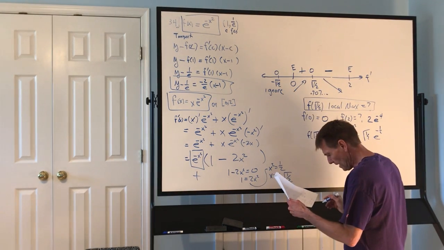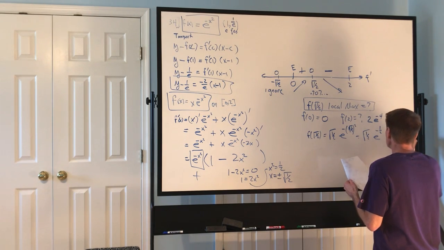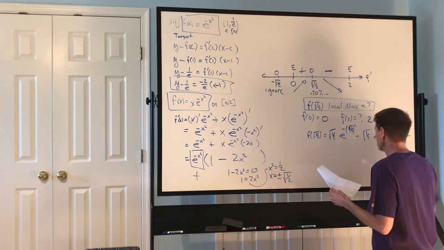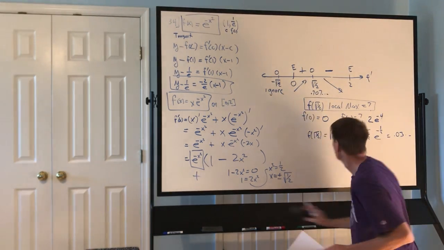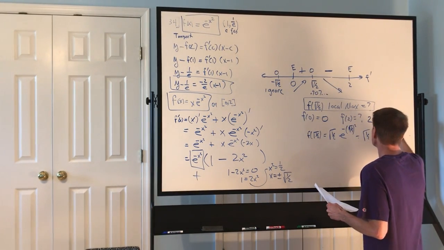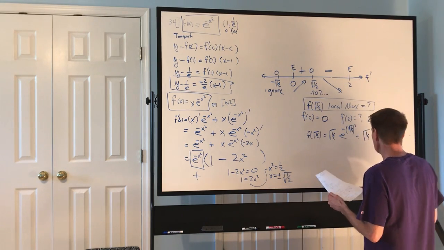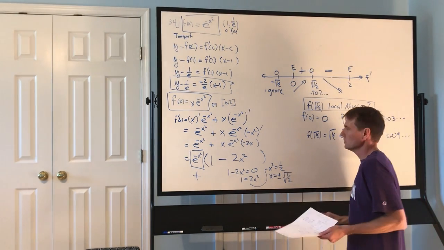And when you get numerical values for this, it's like 0.03 with a bunch of numbers after. This guy's right here, 0.03 with a bunch of values right after. And this is 0.09 with a bunch of values right after.